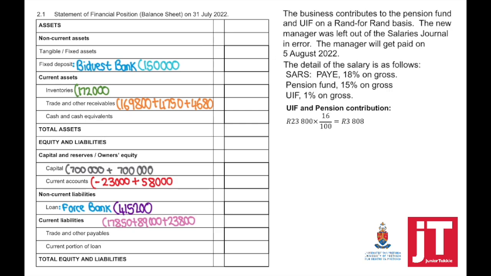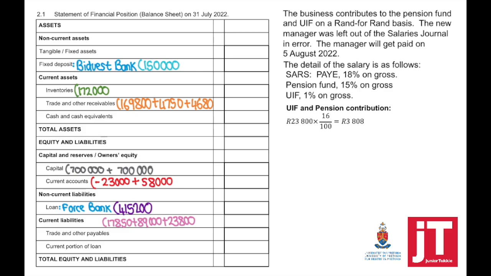To find out the UIF and pension contributions, we're going to take the gross salary and we can say times 16 over 100. You can calculate 23,800 times 15% for the pension fund, and then you can calculate 23,800 times 1% for the UIF.